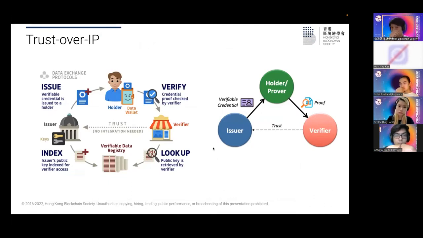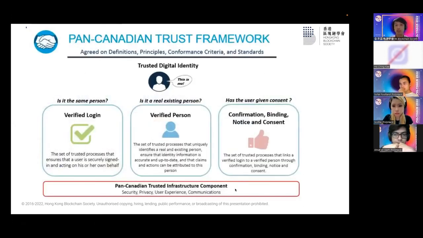Another way to say that, a lot of your IDs may have your birthday on it, okay? But which is the trusted one? It's not up to you, the solution designer, to decide. It's up to the verifier to decide. So the best thing you can do is to provide some way for the verifier to make their own decision. And this is what the trust framework is for. You have different levels of assurance.